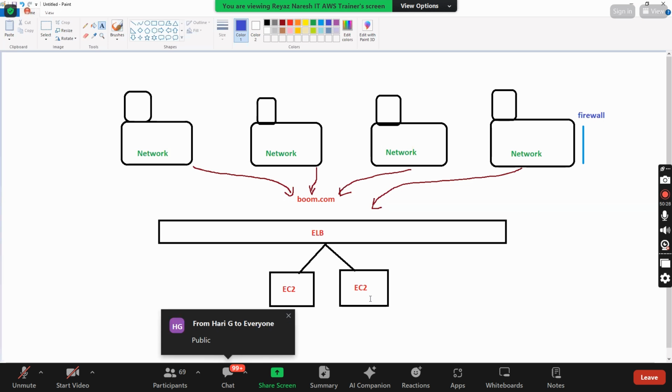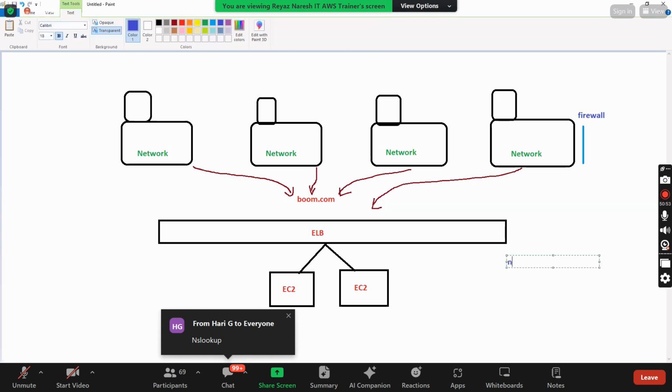So now, when I was thinking, I remembered a small command, which I told you in our starting days. What is the command to find out the IP address of a website? NS lookup. Remember? So I went and typed NS lookup.